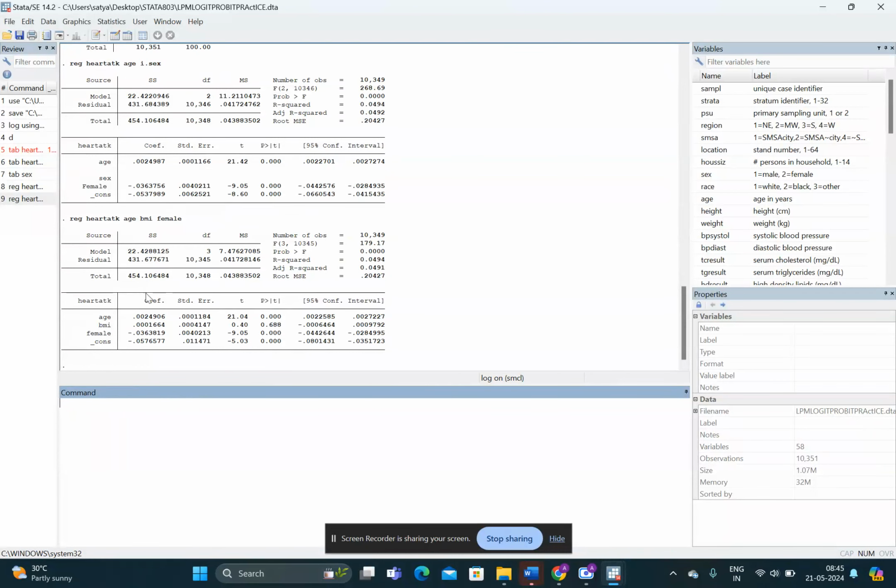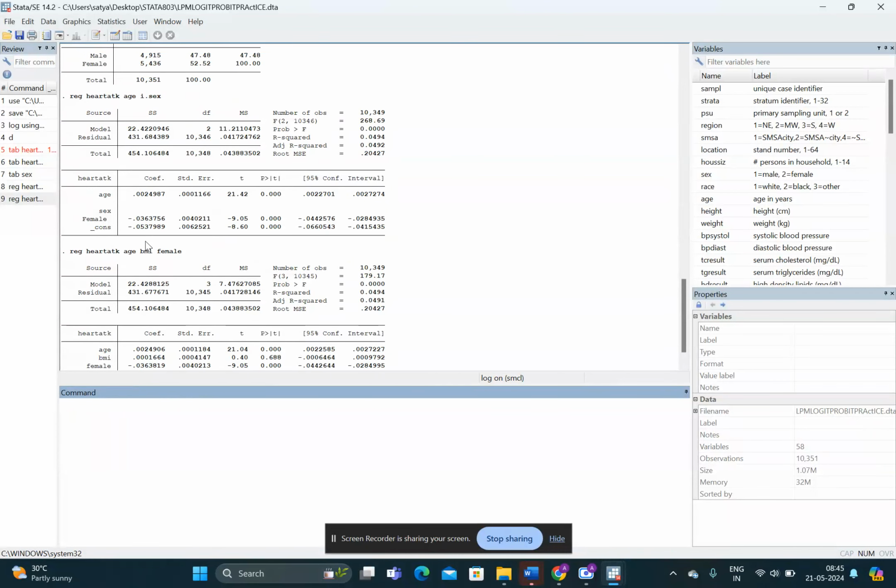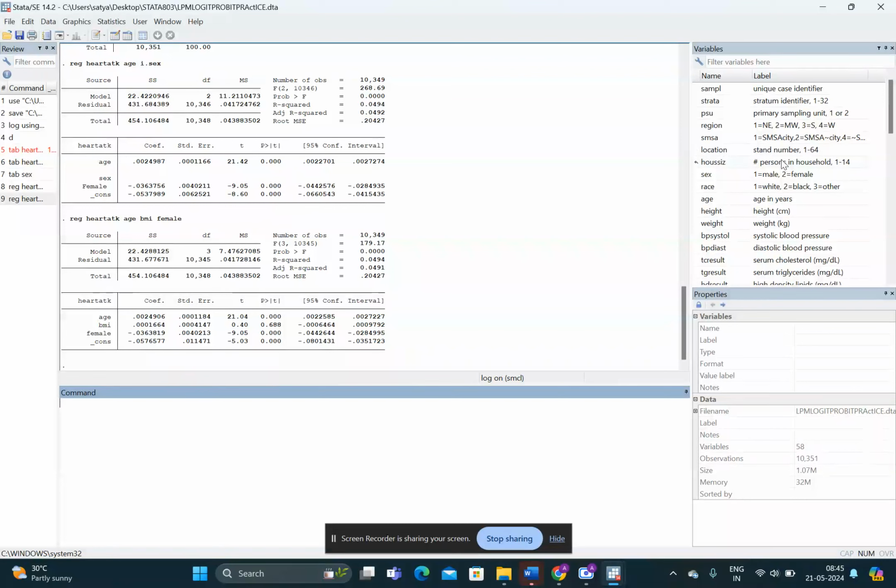Female is another variable which is in our data, where 1 equals female and 0 equals male. Yes, female is another variable in our data, so we can also use female in place of i.sex.